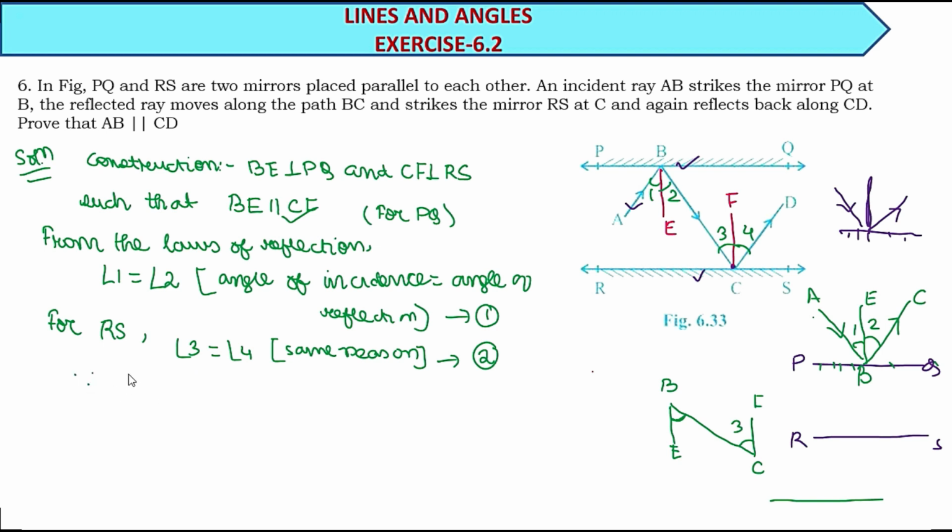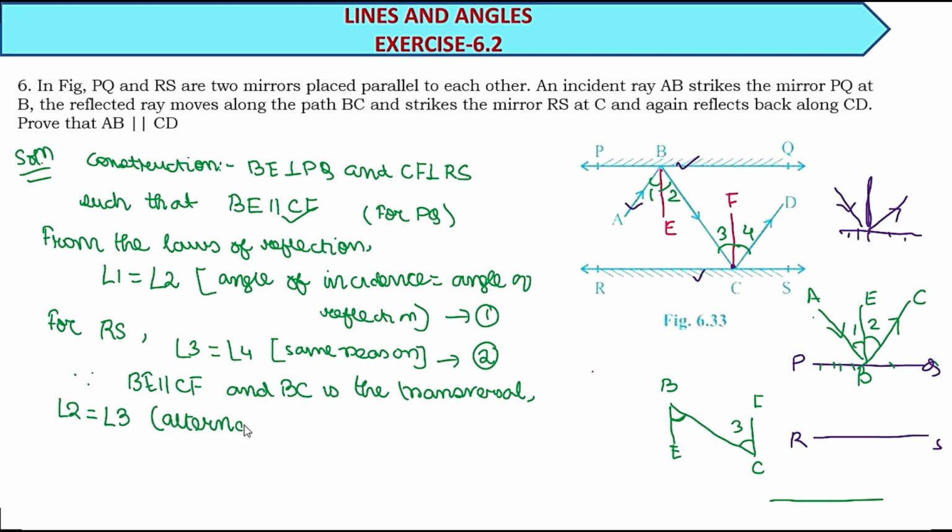Since BE is parallel to CF and BC is the transversal, we can write angle 2 equals angle 3. Why? Alternate interior angles are equal. This is equation 3.